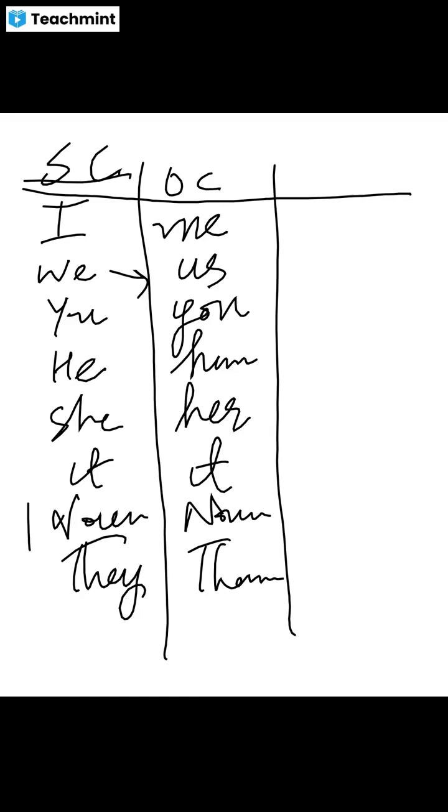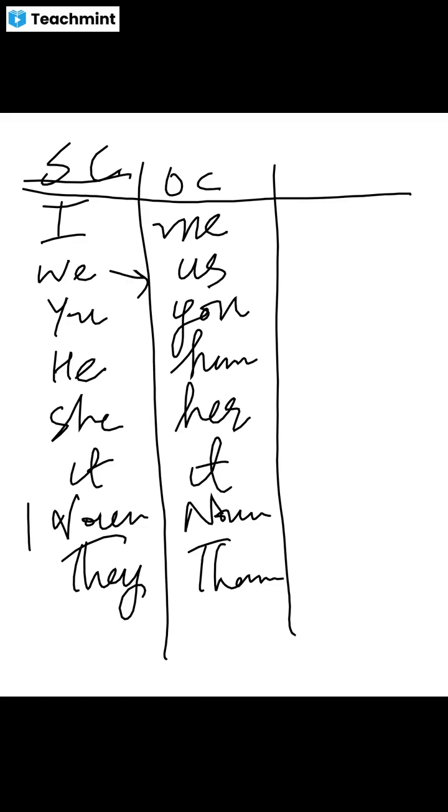For example, my pen, your pen, his pen, their pen, Rahul's pen. So this shows possession. Possession means belonging. This pen belongs to you. This notebook belongs to them. So these kinds of words show you the possession. Who does this belong to? Whose object is this? We call it possessive case.